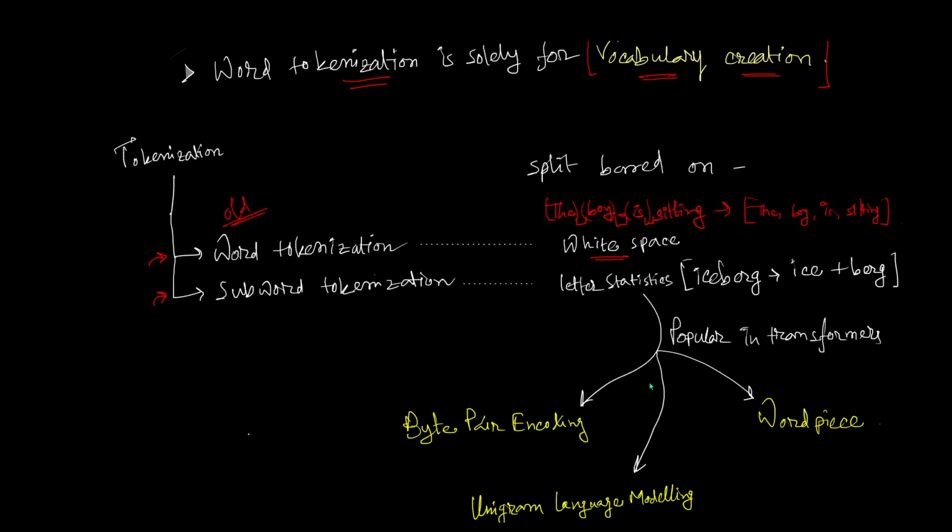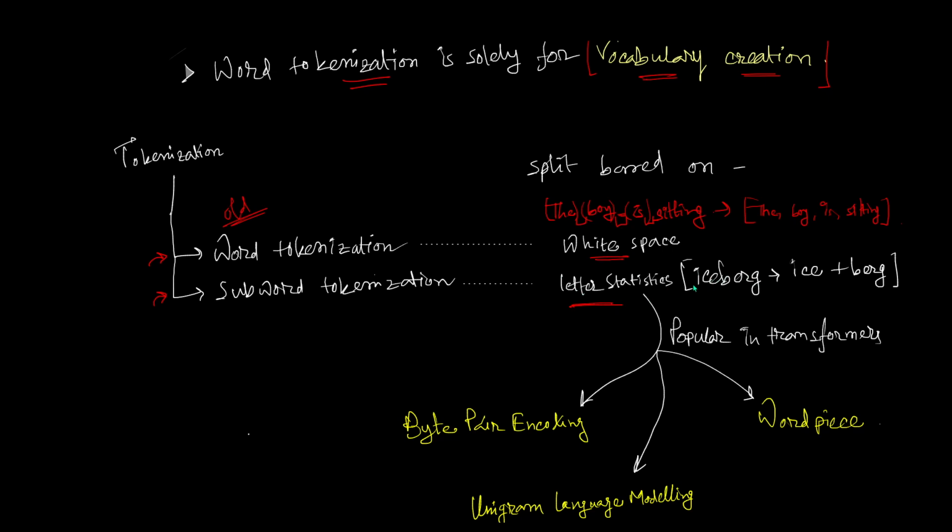In subword tokenization, how do we generate the tokens? We generate the tokens using letter statistics, which is very powerful. It looks at the frequency of letters in our corpus and clubs them together to keep the most frequently occurring subwords.